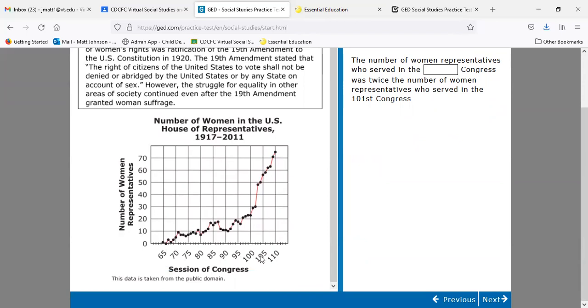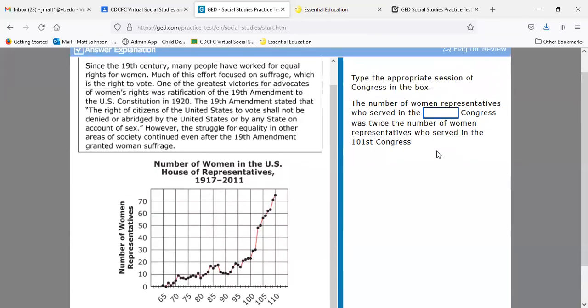So here's our sessions of Congress. So that would be like 100, 102, 100. That would be 101. Yeah. Okay, we're looking at the 101, right?